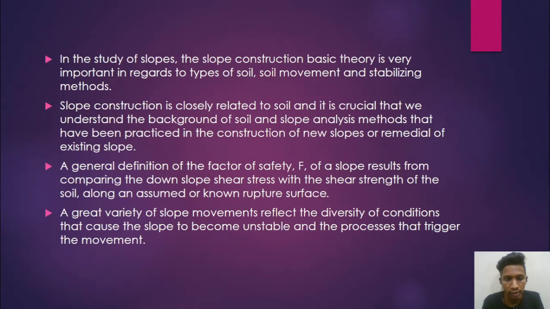A general definition of the factor of safety F of the slope results from comparing the downslope shear stress with the shear strength of the soil along an assumed or non-rupture surface. A great variety of slope movement reflect the diversity of conditions that cause the slope to become unstable and the process that trigger the movement.